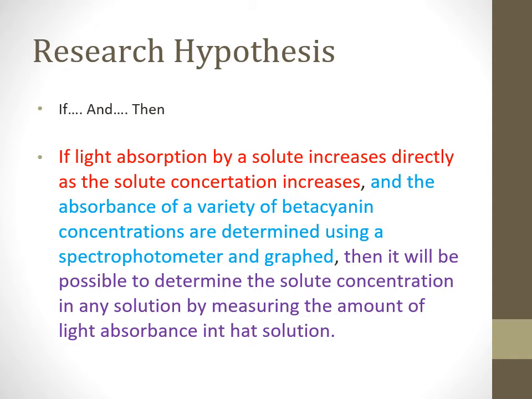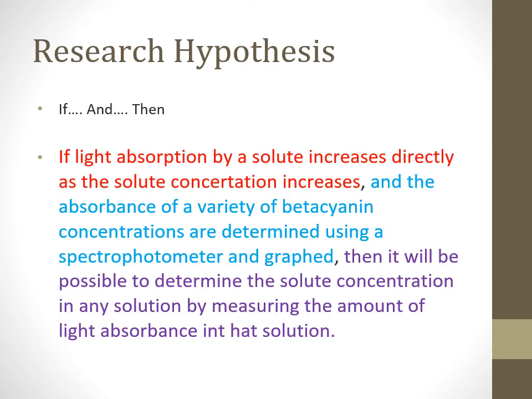If the amount of light that beta cyanin absorbs changes if it's in a higher or lower concentration, and you test a variety of beta cyanin solutions, then basically solutions with more beta cyanin will be darker and absorb more light, and solutions with less beta cyanin will absorb less light, right? And therefore we can quantify that and determine how much light is being absorbed, and then we can use that to determine how much beta cyanin there is in the solution.